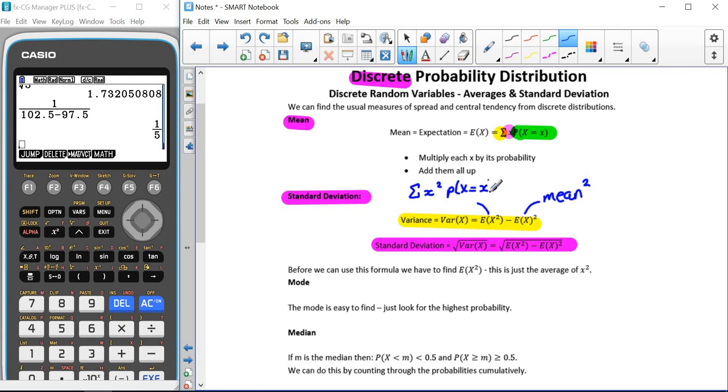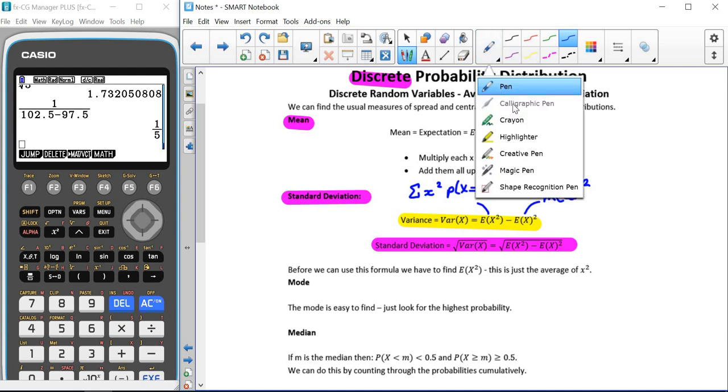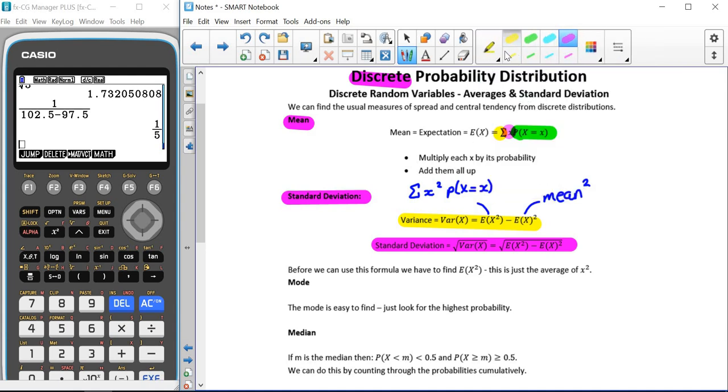So that means that this time we're adding together, because we still have this summation sign, the outcomes squared times the probability of those outcomes happening. So this time we have to square the outcomes before we times it by the probability and add them together.